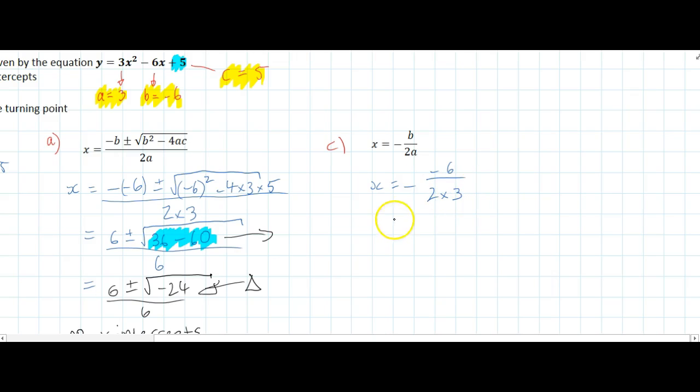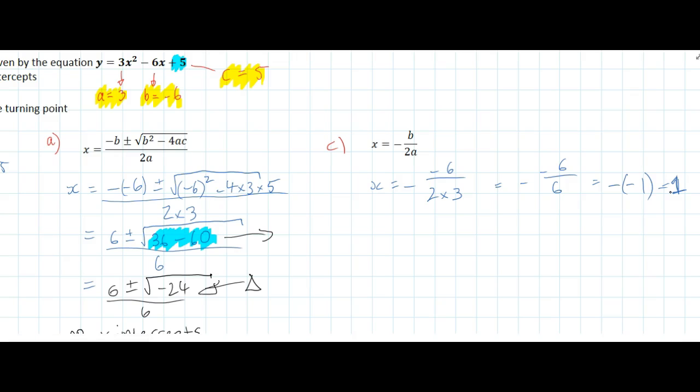I'm going to leave that negative out there. So let's do negative 6. Now 2 times 3 is 6, so negative 6 on 6, negative 6 divided by 6 is negative 1. The negative of negative 1 is going to be positive 1. So our graph has an axis of symmetry at x equals 1.